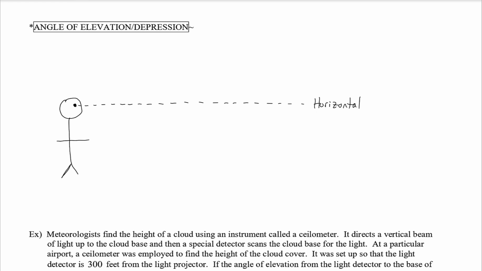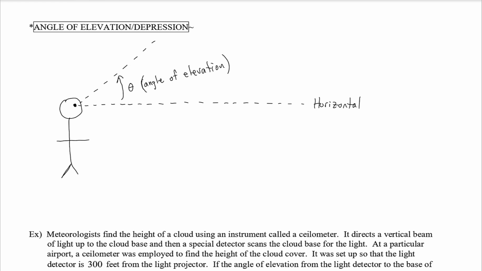So what if that person was looking horizontally? An angle of elevation is where you look upward from horizontal. So this, let's call that theta. That would be an angle of elevation because you are looking above horizontal.